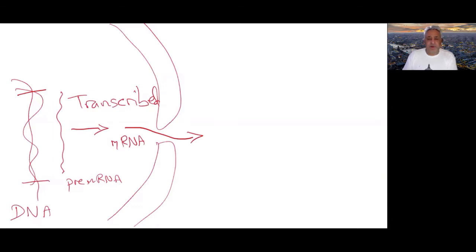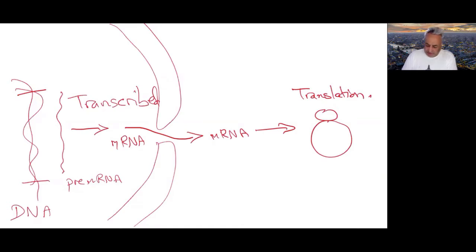And in the cytosol, the messenger RNA is destined for the ribosome, where translation takes place. What we're going to focus on today is a particular step in this pathway that can regulate the behavior of the end product, which are some proteins produced by the ribosomes.